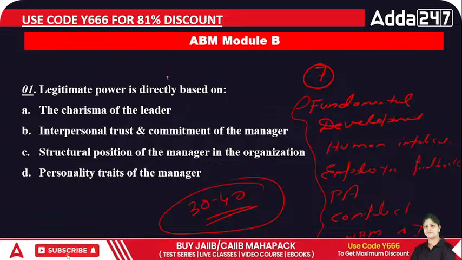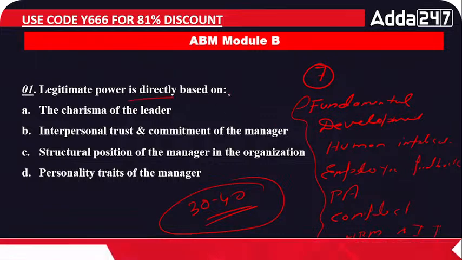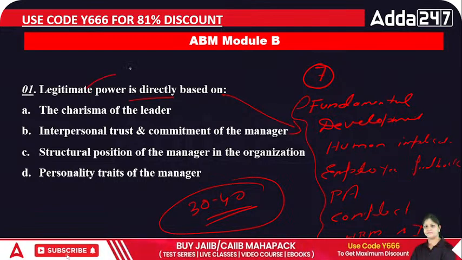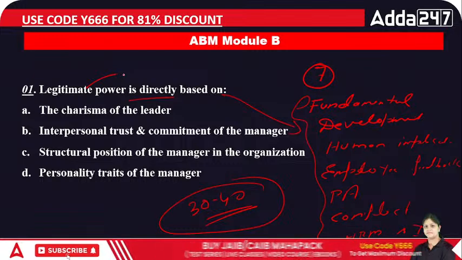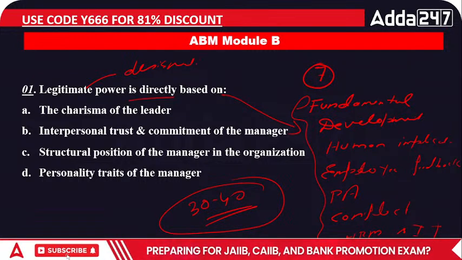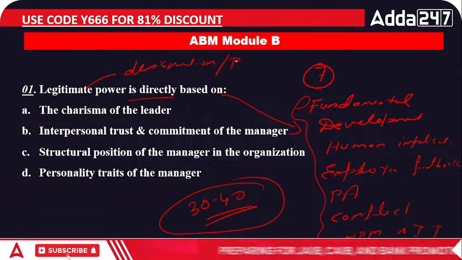So the first question I have taken from the chapter of development of HR, from the power bases, right? What is legitimate power? Legitimate power is a power which comes by the designation, by the position, right?